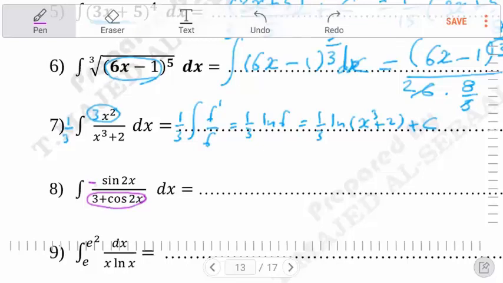So, if I add minus 2 here, I will have to add 1 over minus 2 out. Now, this is f dash, and this is f. It is equal to minus half ln f. What is f? 3 plus cosine 2x, plus c.